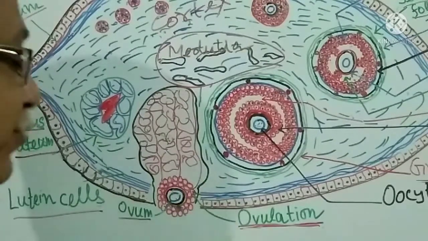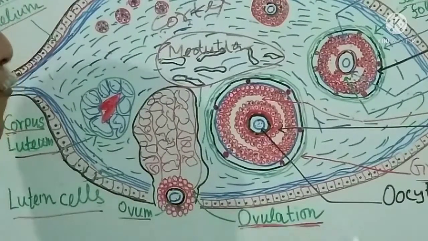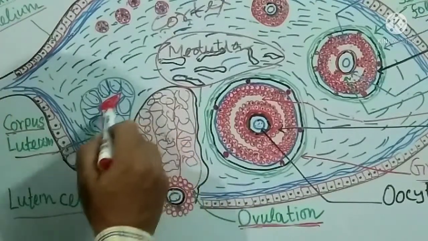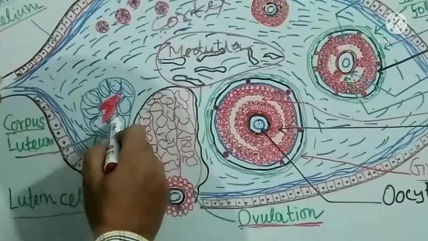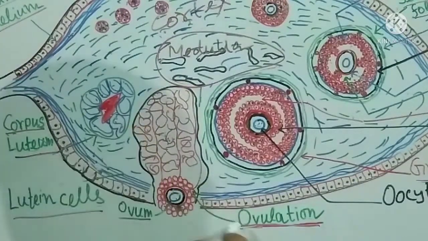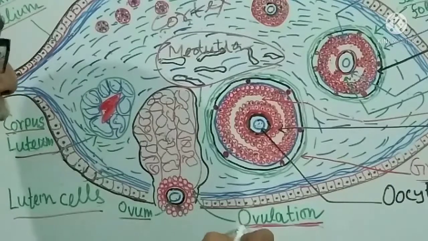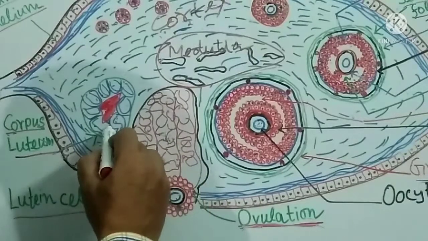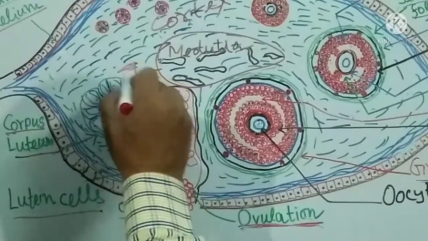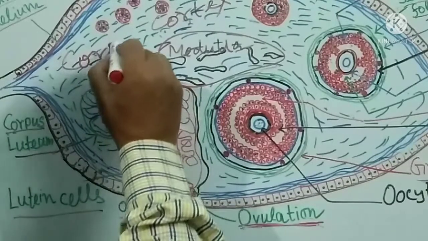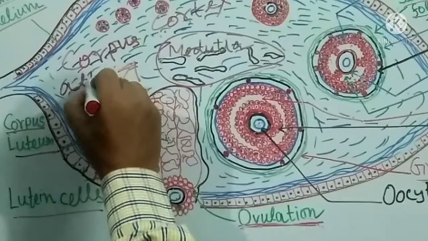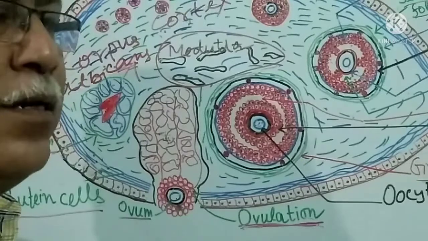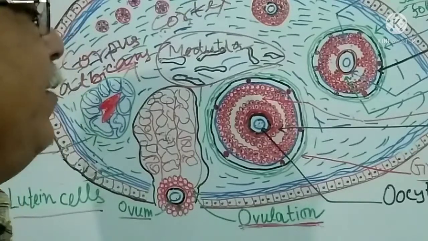If after ovulation fertilization takes place, then Corpus luteum continues to produce sex hormones, and if fertilization does not take place, then Corpus luteum is transformed into Corpus albicans. Corpus albicans are just scars on ovary.